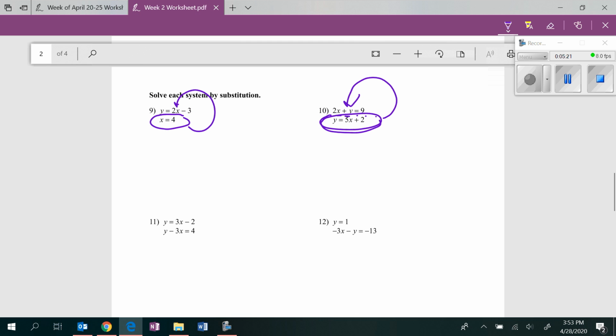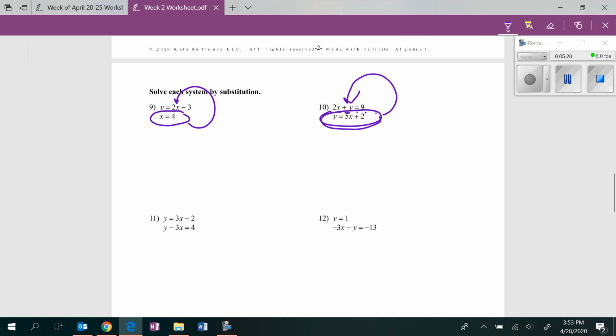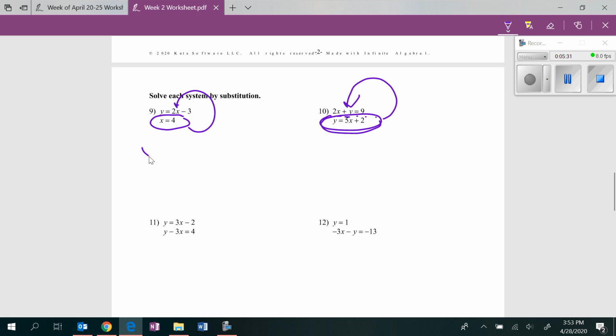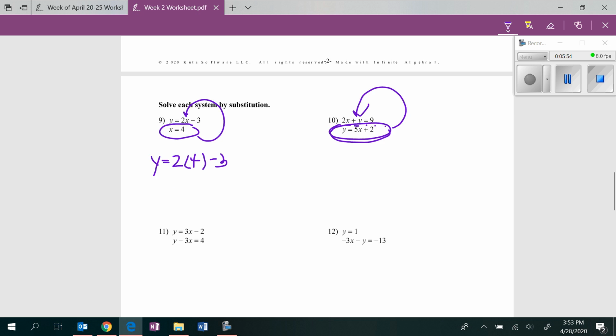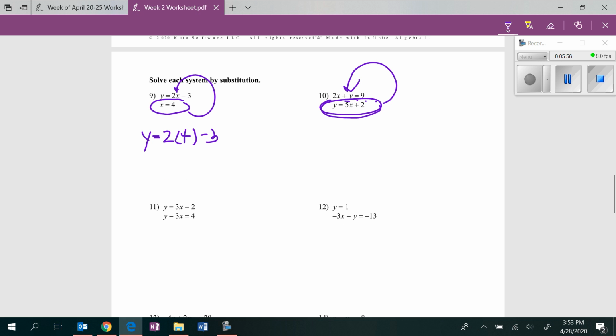It's now y = 2 times 4 - 3. Sorry, I don't know why my stylus doesn't work, but we're going to deal with that.